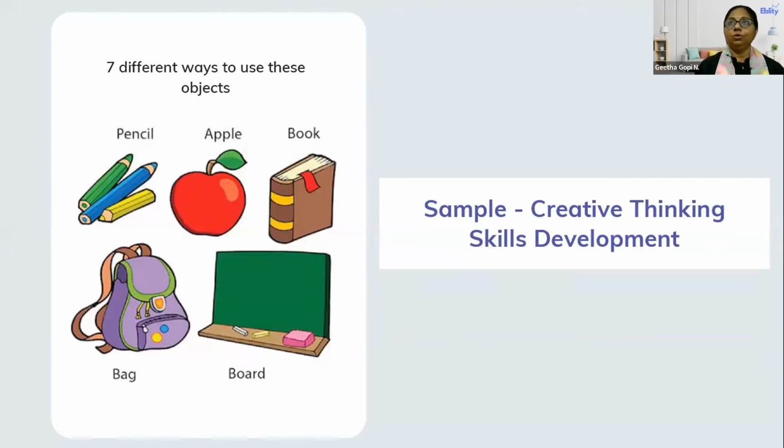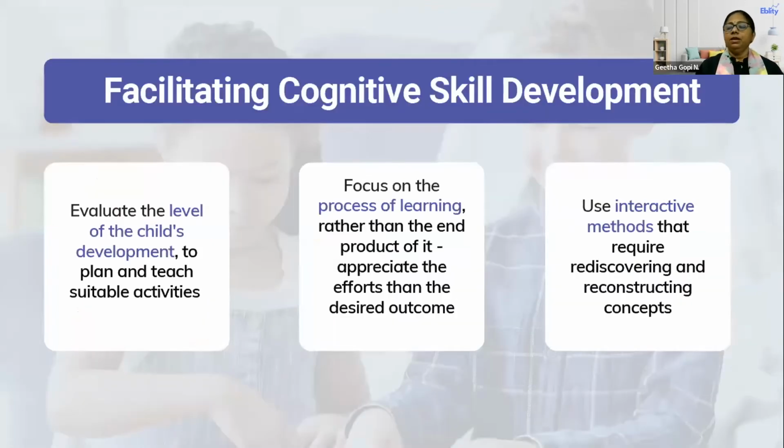So again, that will show a bit of creativity in the children. So bringing out these kinds of higher order skills is very important, and these can be done in different ways like this. So what do we do to facilitate cognitive skill development?